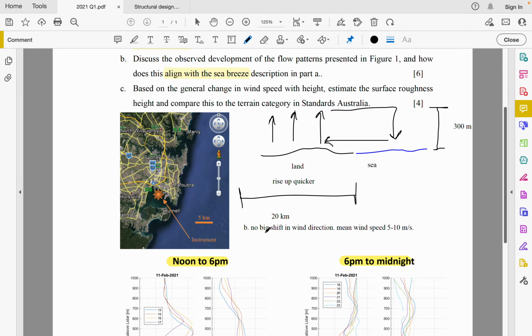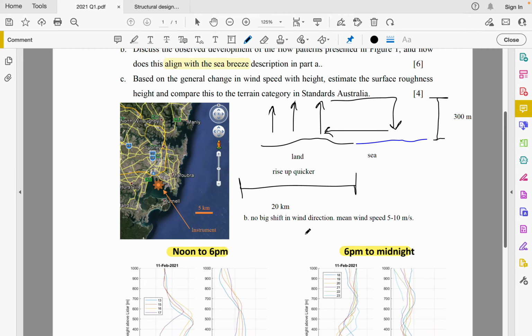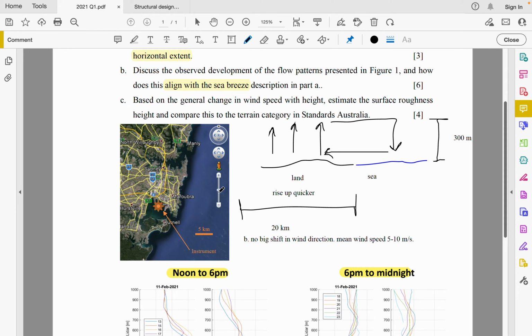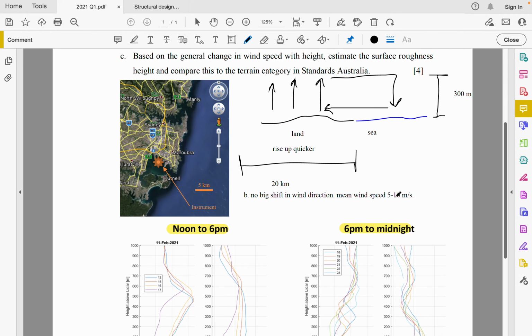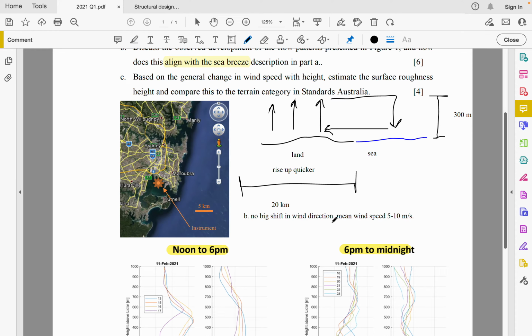And there's no big shift in the wind direction, which, if it's a sea breeze, should shift from north and east to the west, but it is always north, so the wind direction doesn't align.